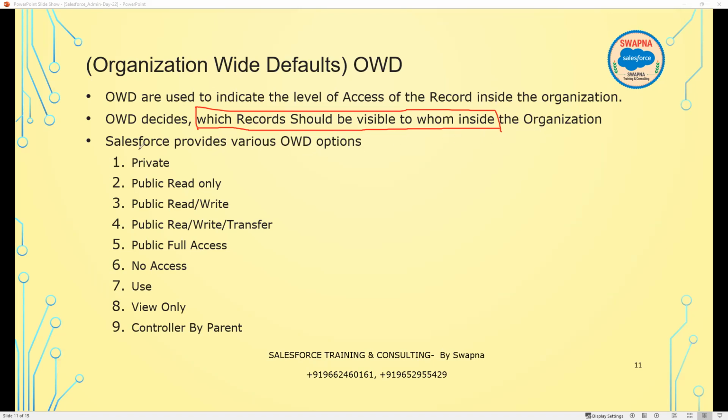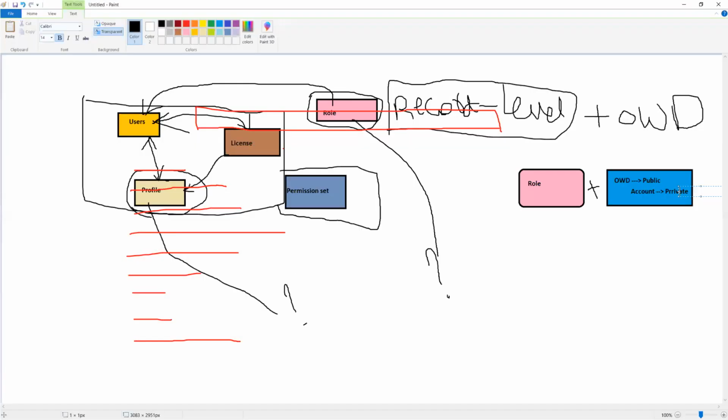Now, how can you decide it on the OWD? There are a few options available in the OWD: private, public read-only, public read-write, public read-write transfer, public full access, no access, use, view only, controlled by parent.